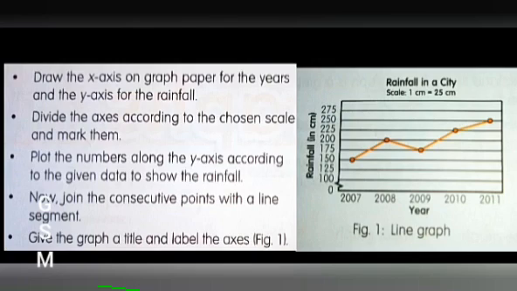Divide the axes according to the chosen scale and mark them. Plot the numbers along the y-axis according to the given data to show the rainfall. Now, join the consecutive points with line segments. Give the graph a title and label the axes.